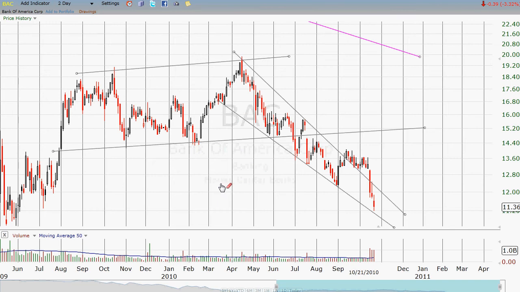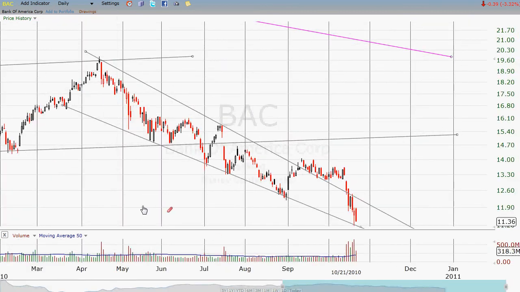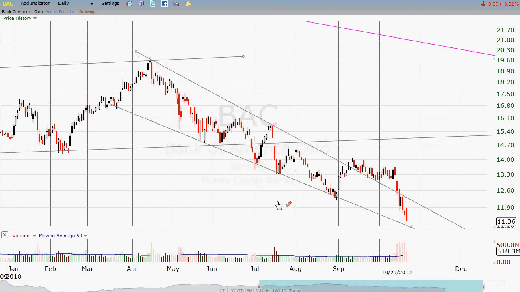So let's also look at a 1-day chart, because we'll get a little bit more detail on this. The way I was seeing this until the mortgage news hit, I was seeing this as a descending wedge, not constricting very much, but a descending wedge that tried to break out here when it reached about 14, but then the news hit, and Bank of America got slammed back down into that wedge pattern.